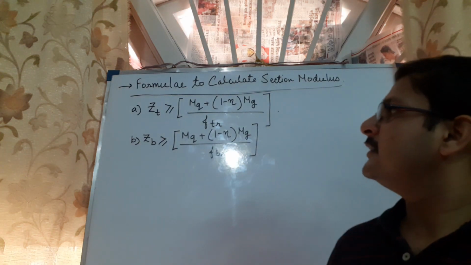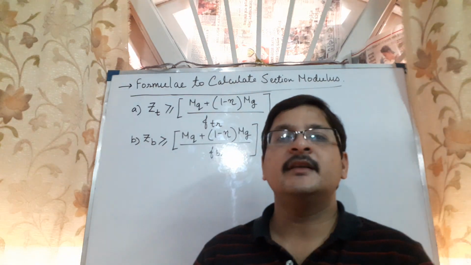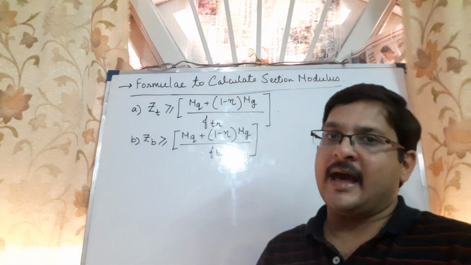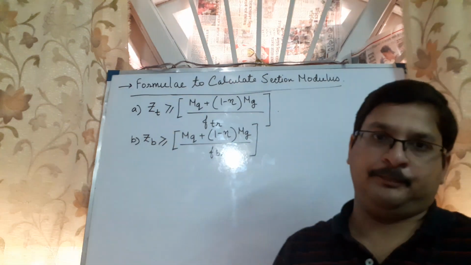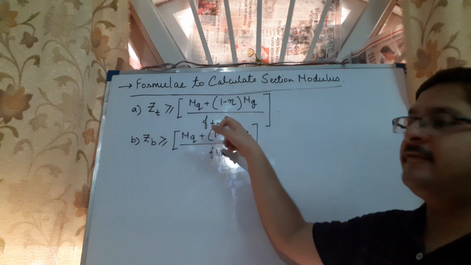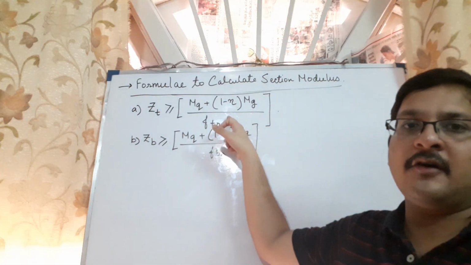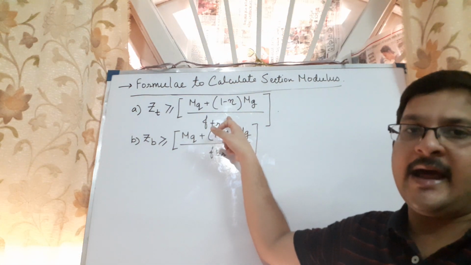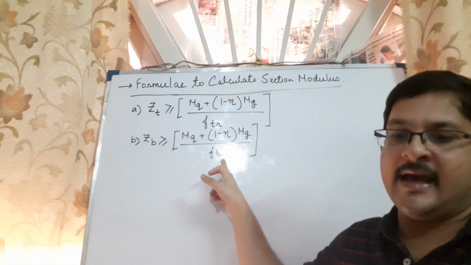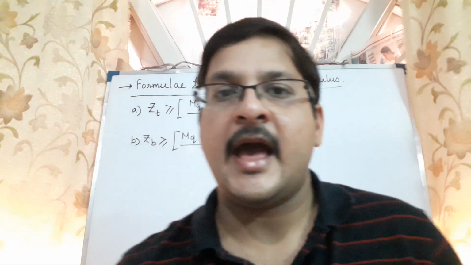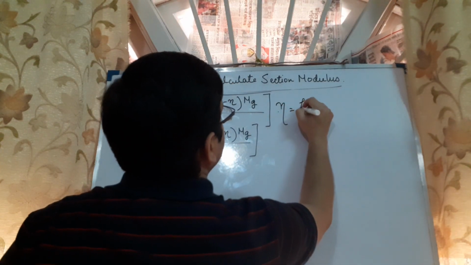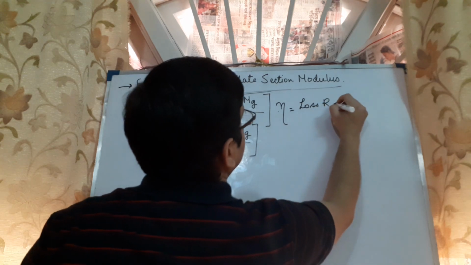So we ended up till this formula, that is the section modulus at the top and the section modulus at the bottom. So FTR and FBR: FTR represents the range of the stresses at the top, FBR represents the range of the stresses at the bottom, and we know that eta is the loss ratio.